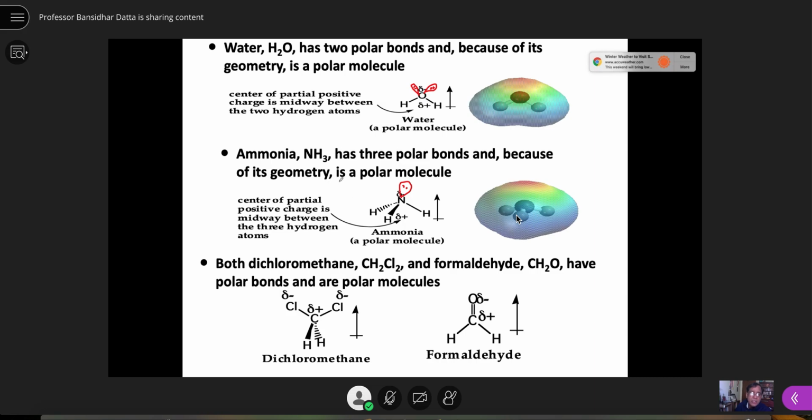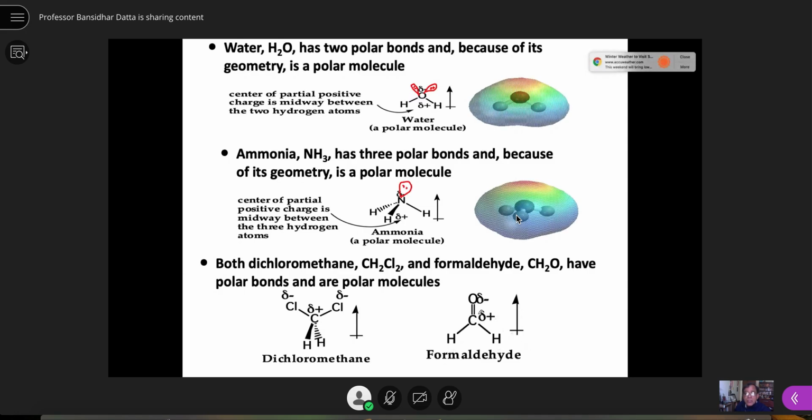Likewise, CH2Cl2, dichloromethane, has asymmetrical bonds, C-Cl bonds. These bonds are polar, but its geometry is such that it is not a perfect tetrahedral. Therefore, it is also a polar molecule.